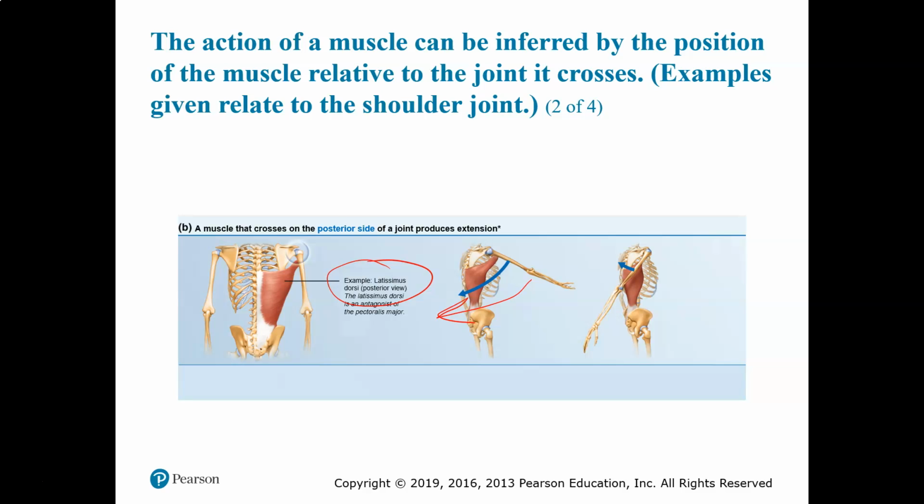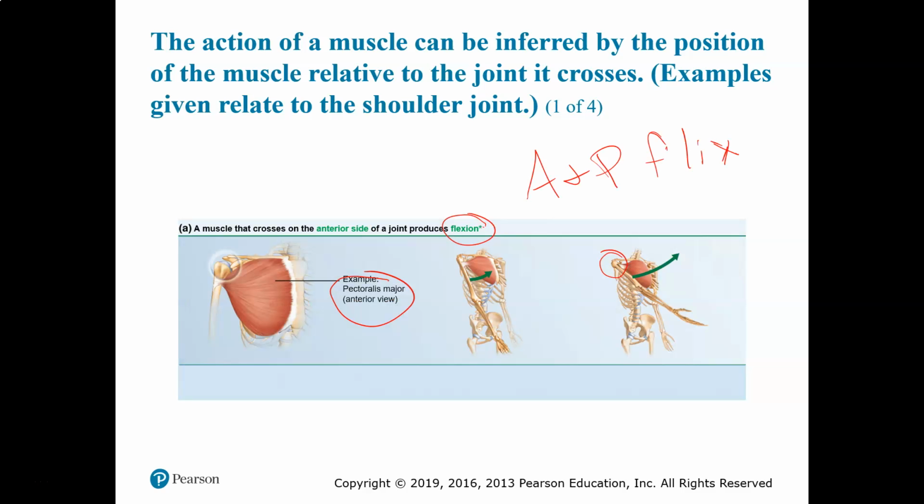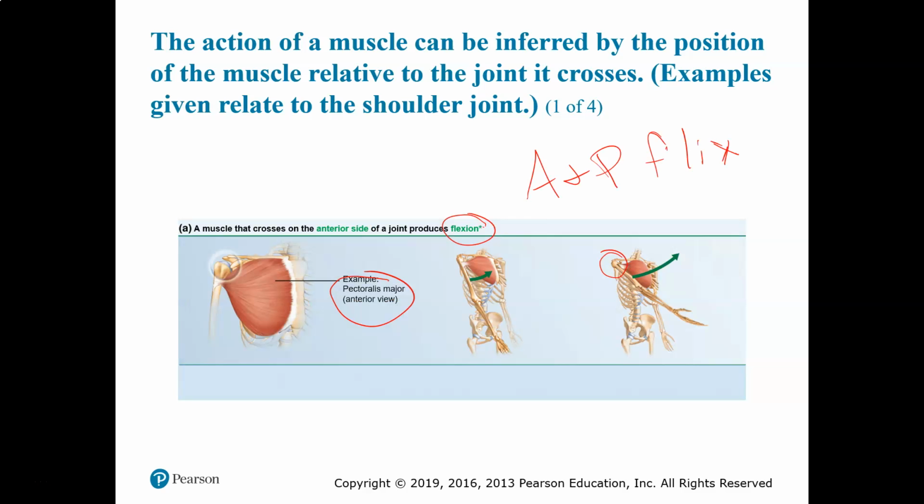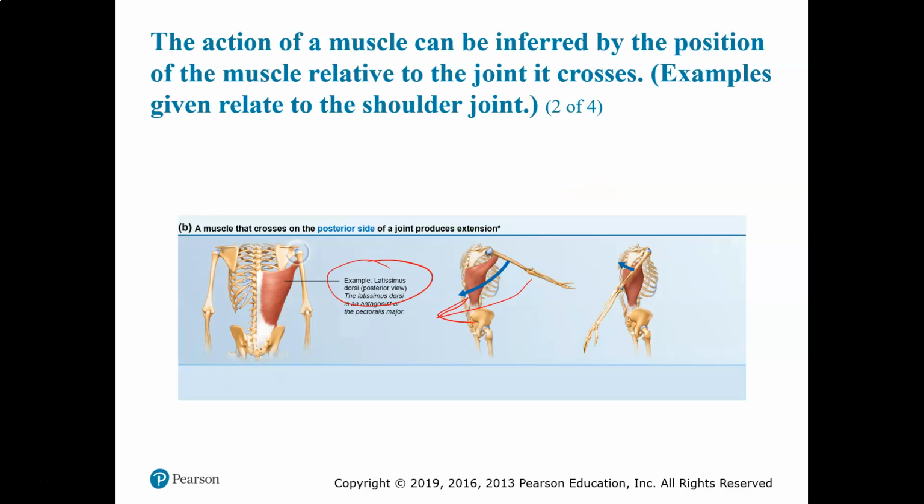And if you go even further back, it'll be hyperextension of the arm. But the point is, extension is when you move it backwards to the dorsal side, and that is carried out by the latissimus dorsi. So the pectoralis major and the latissimus dorsi are agonist and antagonist to each other. The agonist is the pectoralis major, and the antagonist is the latissimus dorsi.